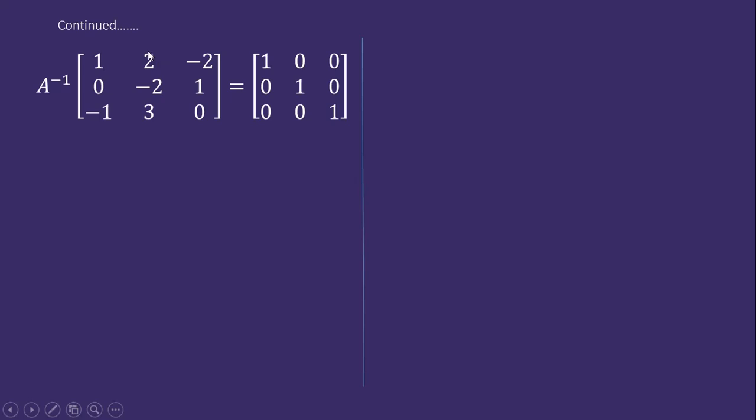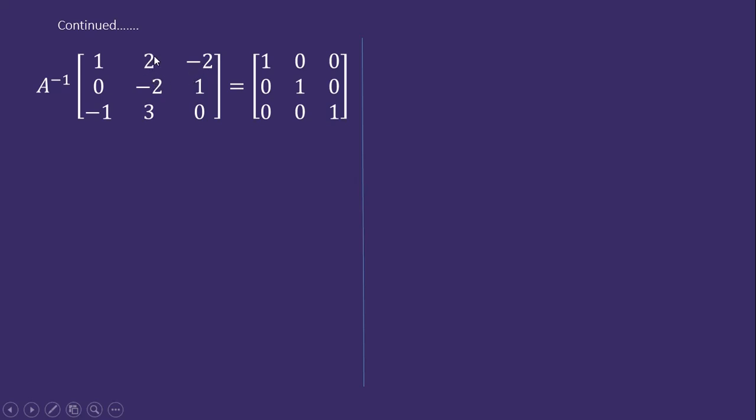Again we can use the other transformation also. C2 minus twice C1, that is 2 minus 2 into 1. This will also give here 0. Any one of the two we can use, but here we see these are two opposite numbers and we have to use column transformation, so only addition will give here 0.